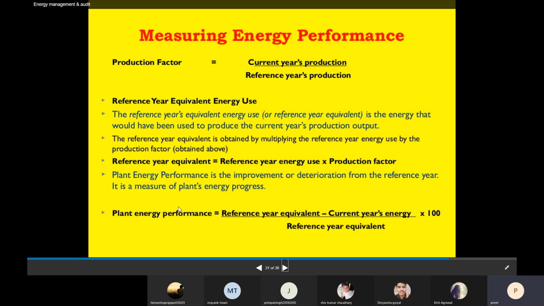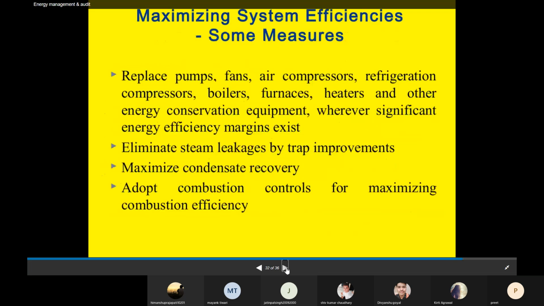Similarly, plant energy performance is given by the formula: reference year equivalent minus current year energy, upon reference year equivalent, multiplied by 100.